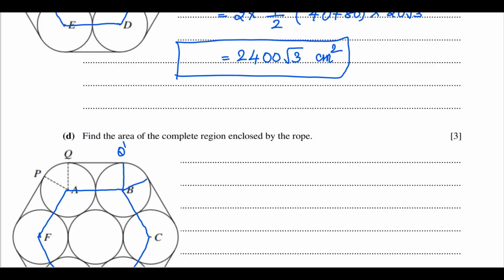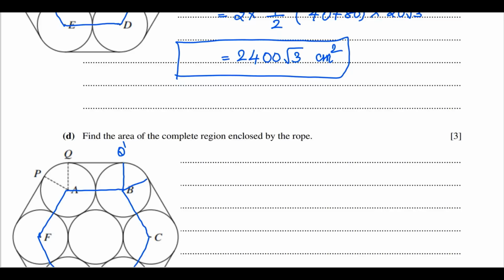6 sectors we have. Then we are having 6 rectangles ABQ'Q, similar rectangles. So we have to find the area of the rectangles.